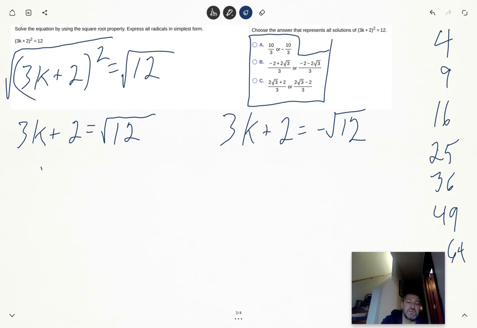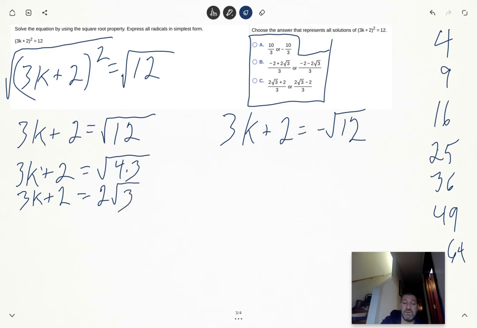Do any perfect squares go into 12? Yes, a 4 goes in there. So the square root of 12 could be the square root of 4 times 3. Once we have that perfect square, we can take it out of the radical. Square root of 4 is 2. So that's what we end up with.